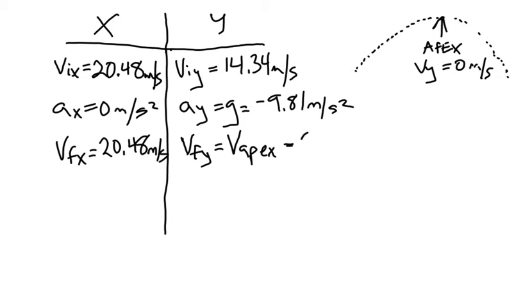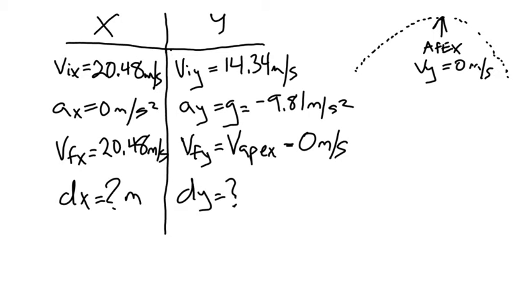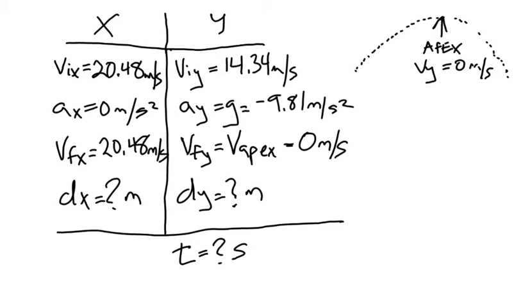So I can use that knowledge to help me solve the problems. dx, I don't know. It's one of the things I'm looking for in this problem. And dy, I don't know. Again, one of the things I might be looking for at the apex. Finally, time. I always write time under the y column because although time acts in both the x and the y direction, time is controlled by the vertical.